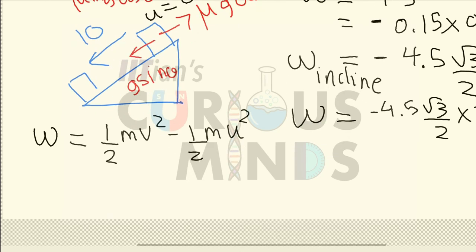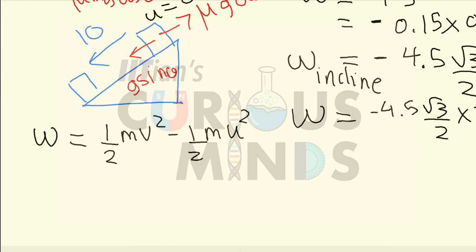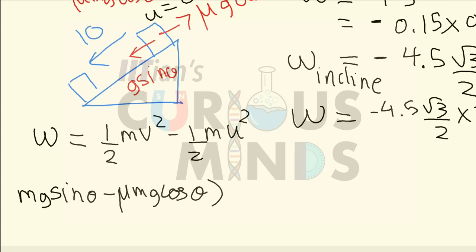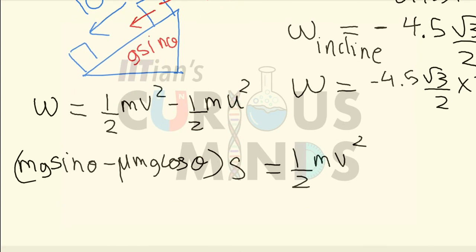The work done is the total force, mg sin theta in the downward direction and mu mg cos theta in the upward direction, into the displacement, which will be equal to half mv square, because u is equal to 0.